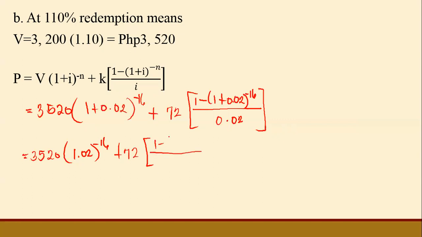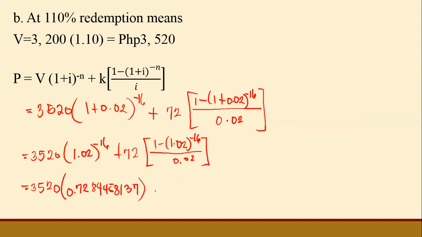So 1 minus 1.02 raised to negative 16 over 0.02. So let us continue the calculation. This is 3,520 times 0.728445813 plus 72 times 13.5777091. Okay? Let us continue here.